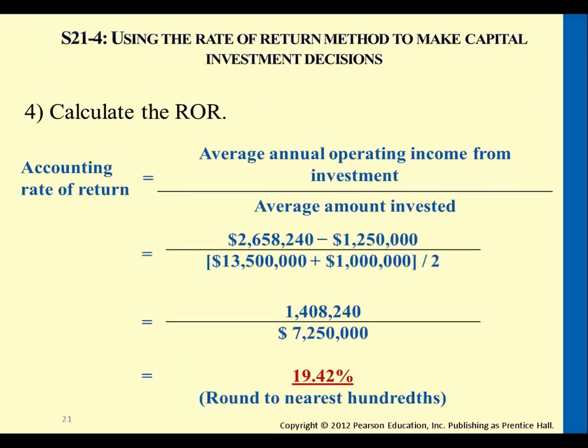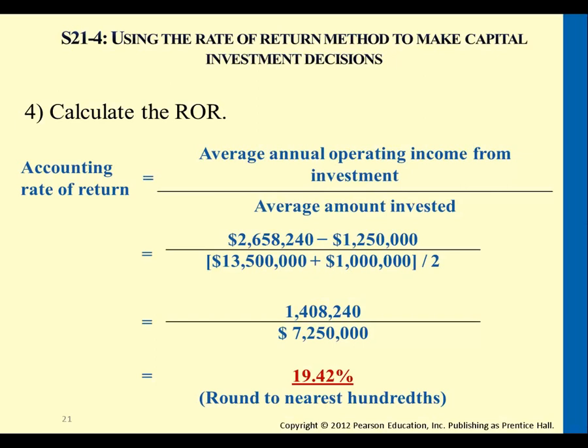So you're going to use two numbers here. The first, the one that we calculated, number 1, and then the second, that's your yearly depreciation. And then we're going to divide by our investment. We'll add $1 million, which is total depreciation, and divide by 2.